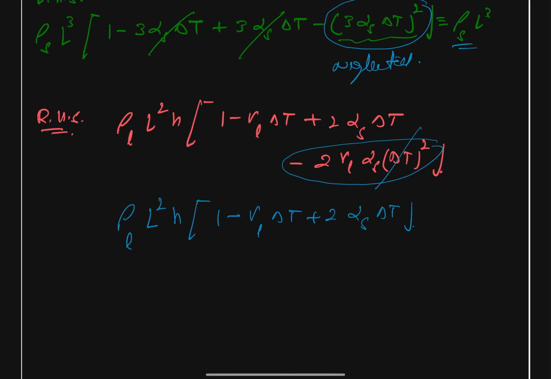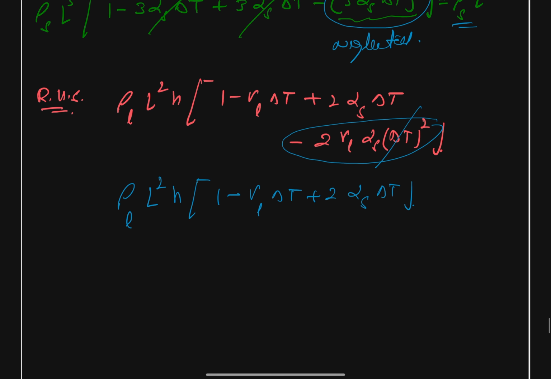Now we can just equate them. So we get rho S L cube is equal to rho L square H times (1 minus gamma L delta T plus twice alpha S multiplied by delta T).